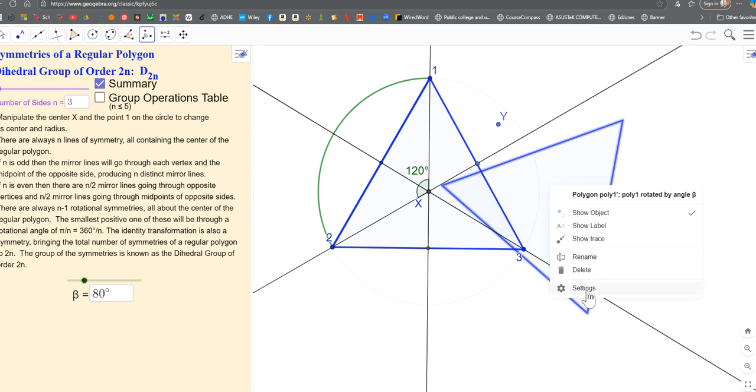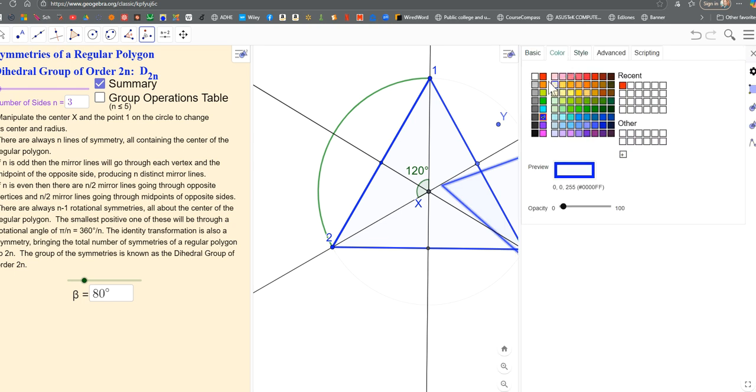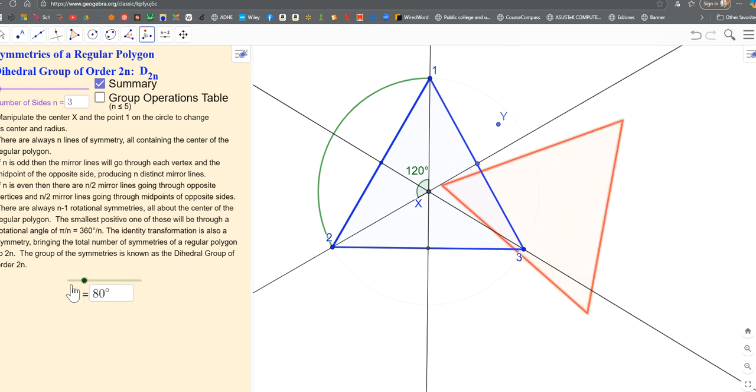And make that red. Okay, well that's clearly not.